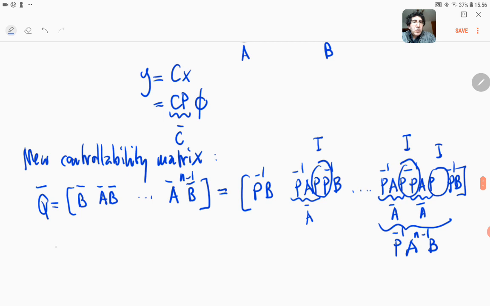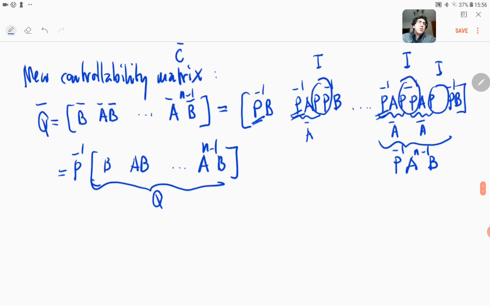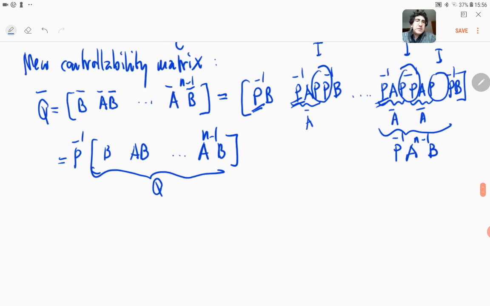So you have P to the power minus 1 terms in the beginning, but inside you will have B, then AB, and finally A to the power n minus 1 times B. And this is nothing but the controllability matrix of the original system.